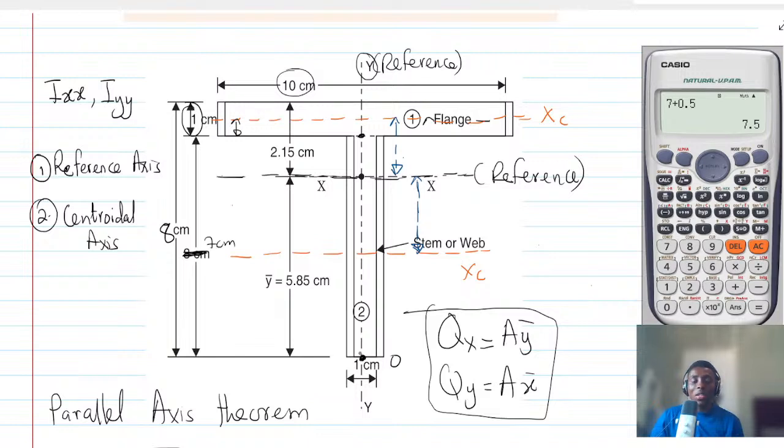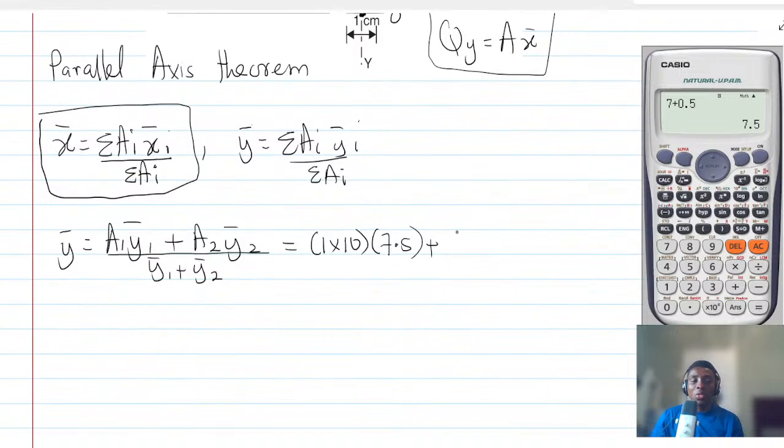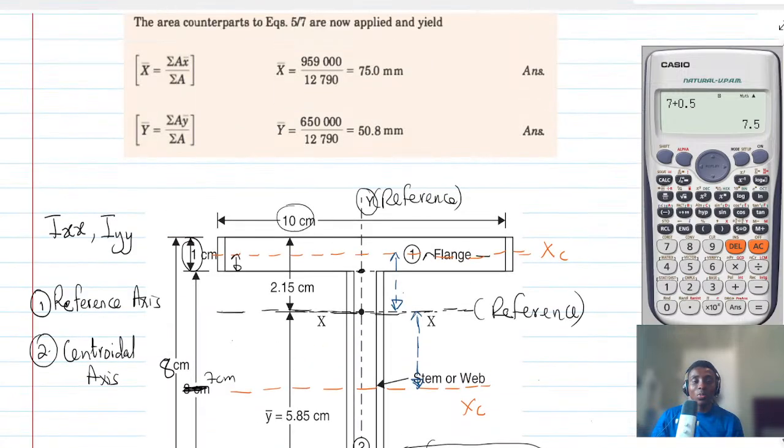So 1 centimeter multiplied by 7. So 1 times 7, and then multiplied by y bar 2.